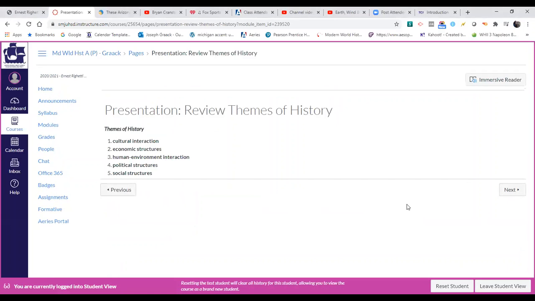Once you go through that module, if you just click through next, we focused last week almost entirely on this idea of themes of history. Things that we can study will fit in one of these 5 areas: the cultural interaction of different cultures, the economic structures of a particular society, the way that humans and the environment interact together, political structures like democracy, communism, monarchies, and oligarchies, and social structures, like social classes: upper class, middle class, lower class.